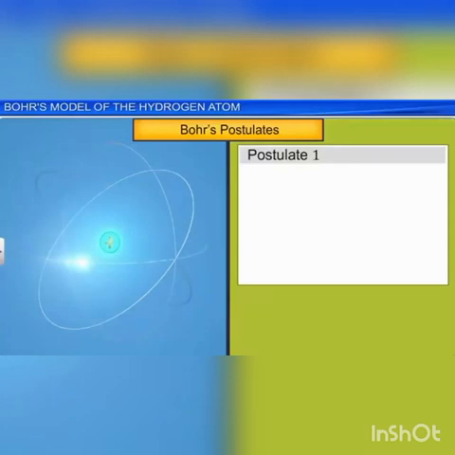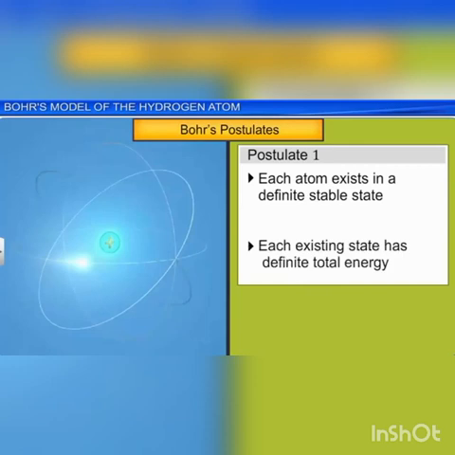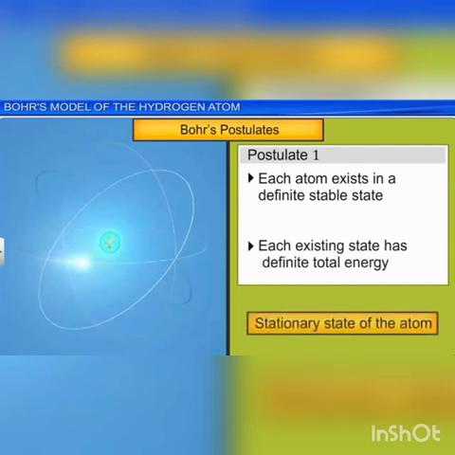This means each atom exists in a definite stable state, and each existing state has a definite total energy. These are called the stationary states of the atom. Therefore, as long as the electron occupies these stable states, there is no loss of energy in the electron.